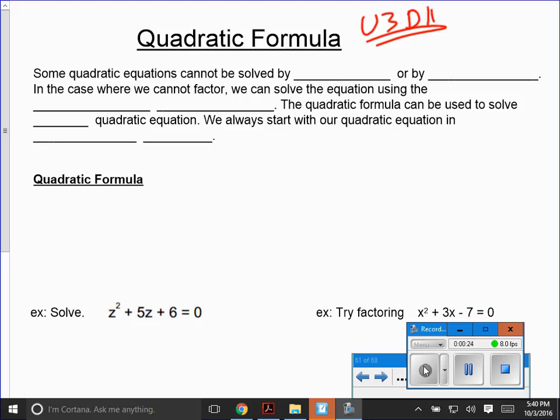That's the quadratic formula. So the reason we have this formula, I'll put it up here in a second, but you're going to see it's very complicated. We can't solve all quadratic equations by factoring or by graphing. Right? There's some that don't factor. There's some that are not going to have x-intercepts.